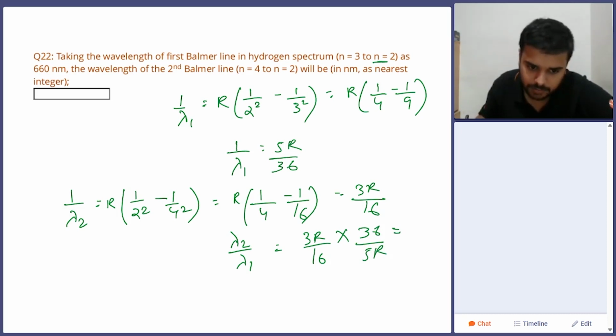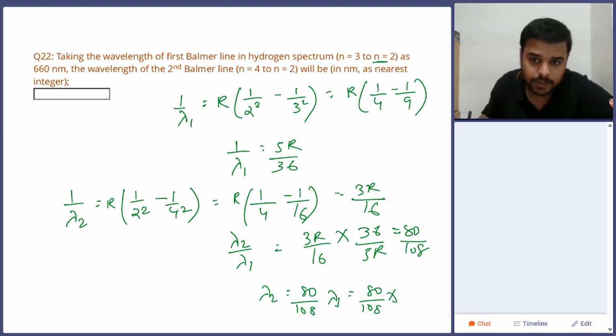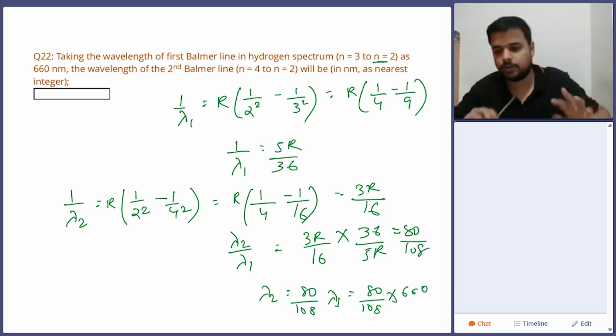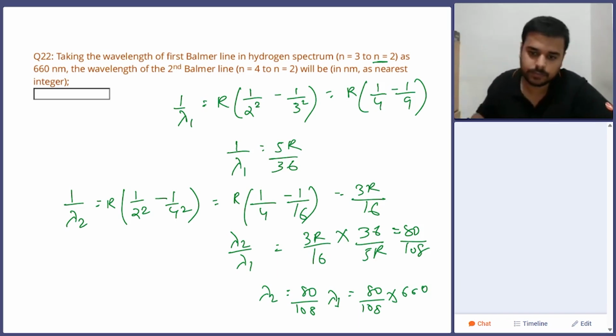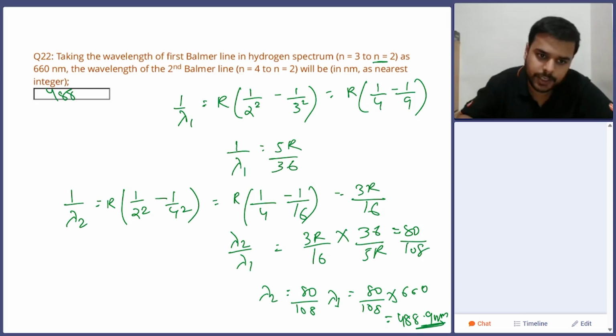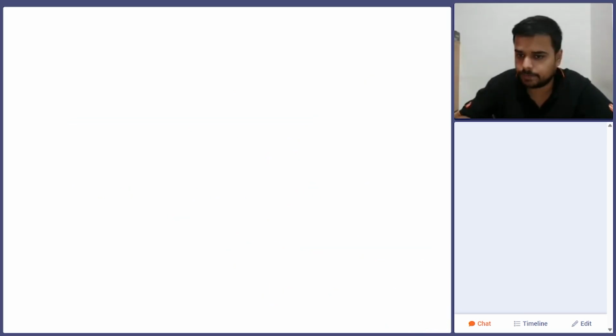So this will become 80 upon 108. So lambda 2 will be equal to 80 upon 108 lambda 1. Lambda 1 is given as 660. You can solve it by calculator. This will come as 488.9 nanometers. 488.9 nanometers. Okay.